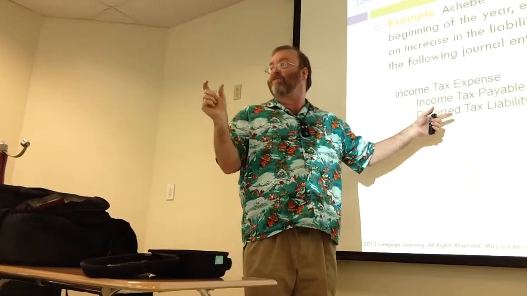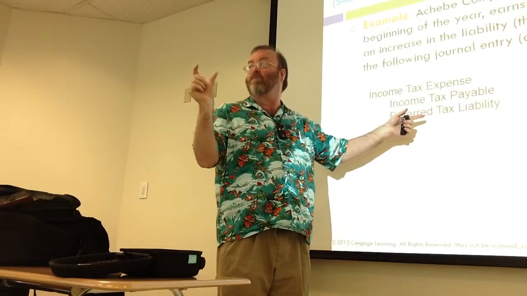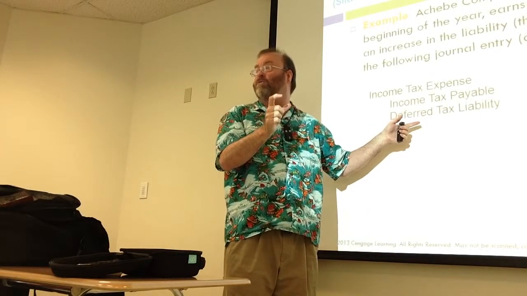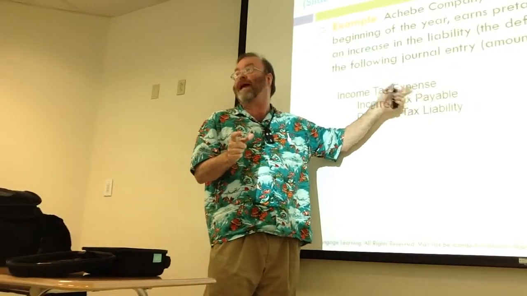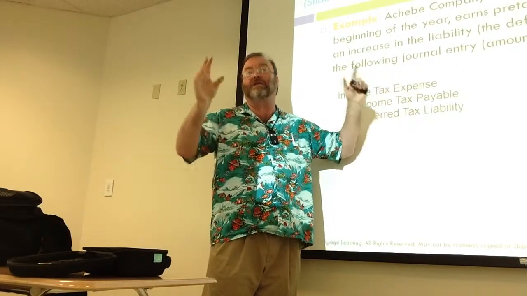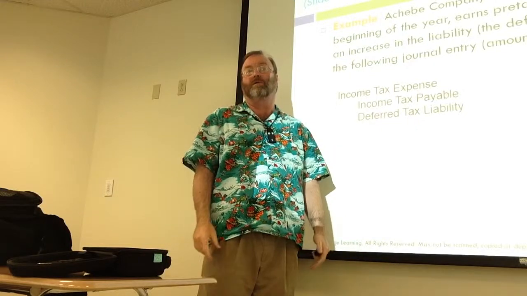Once we have taxable income, we multiply that by the marginal rate, and we come up with income taxes payable. That's where we're going to start on each and every problem that we do.